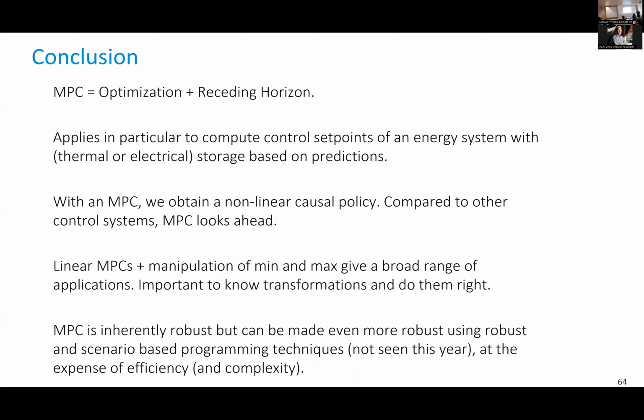Then that can lead to still tractable, but more robust systems. We will not see that, and in the lab you will have enough to do with the non-robust MPCs.